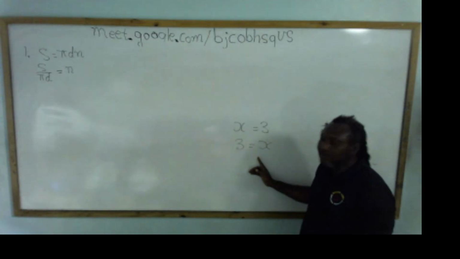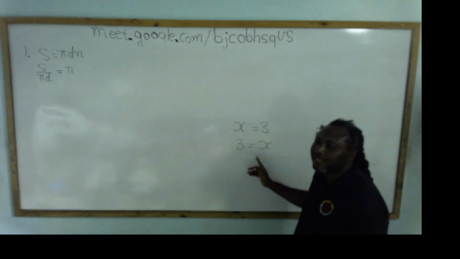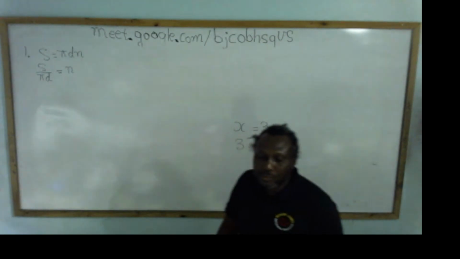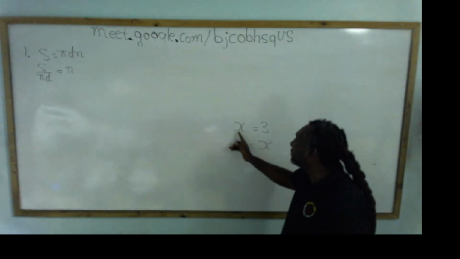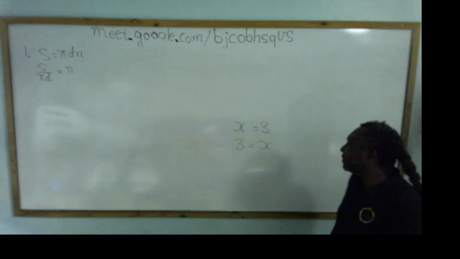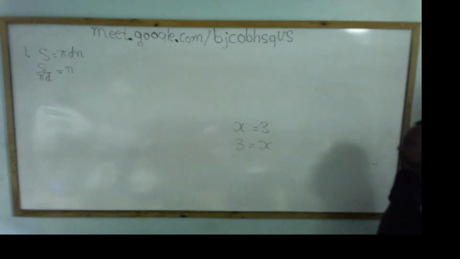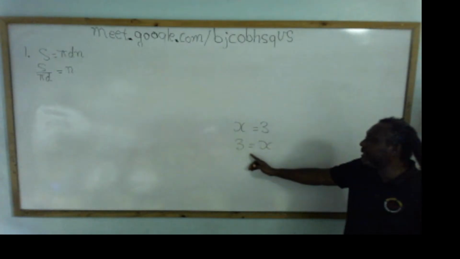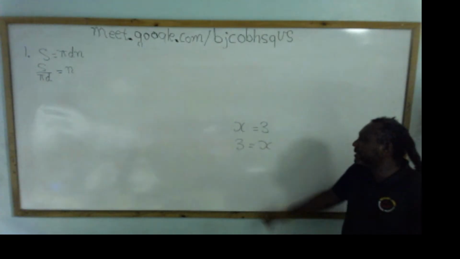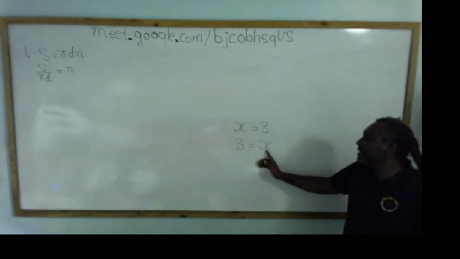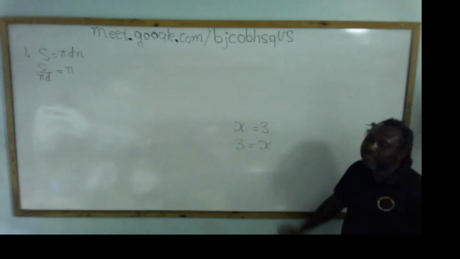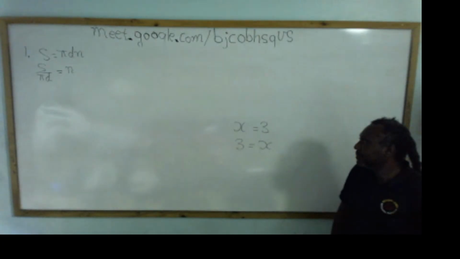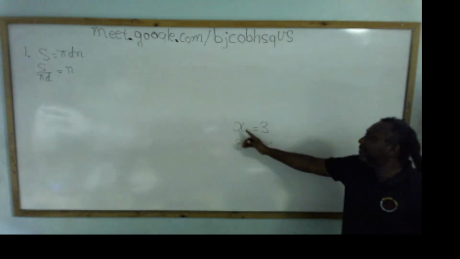Because you are saying whatever x is equal to, 3 is equal to it. Let's go back to this one. You are saying that whatever x is, 3 is equal to it. And here you are saying the value of x is 3.